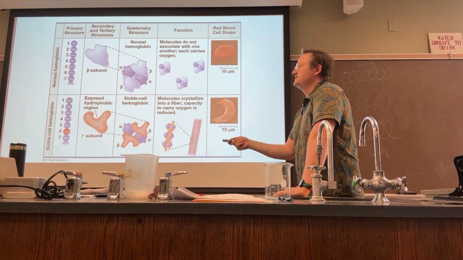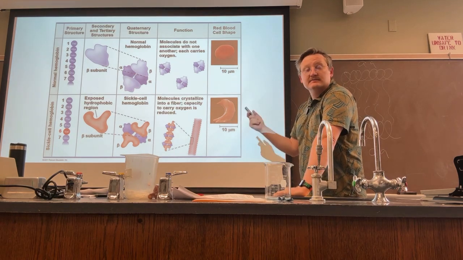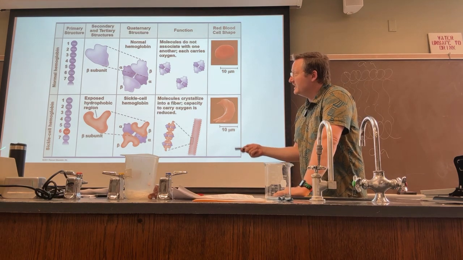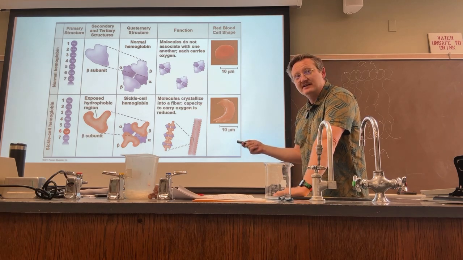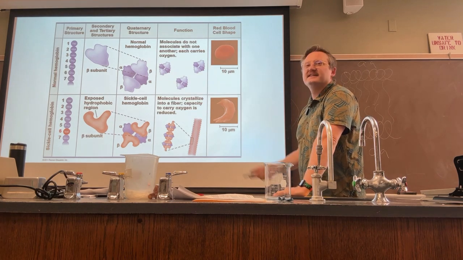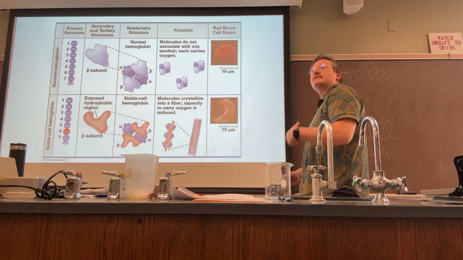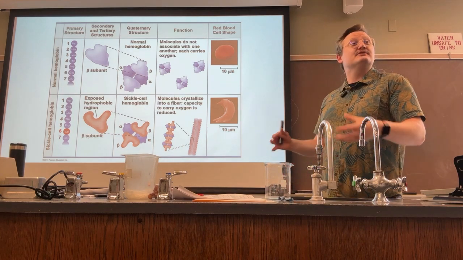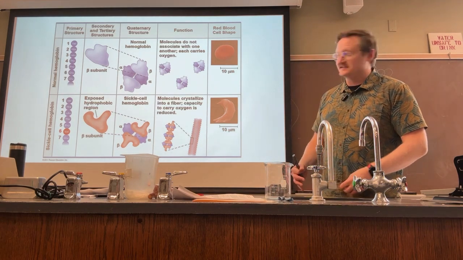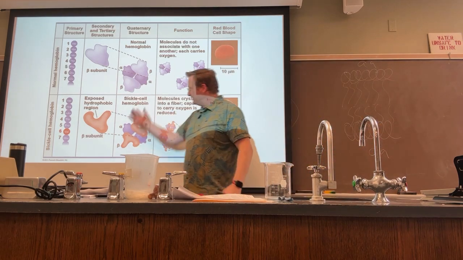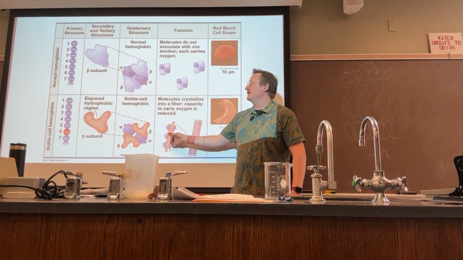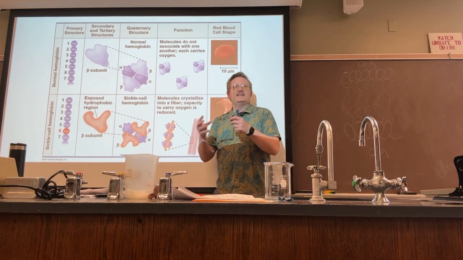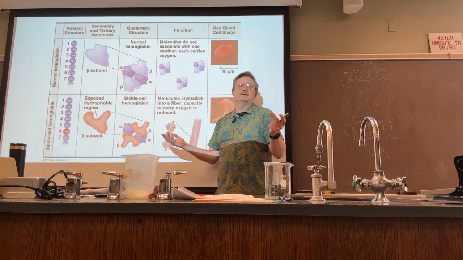A single change in the amino acid sequence can lead to an exposed hydrophobic region, all right, on the beta subunit. And that hydrophobic region wants to interact with other hydrophobic regions. So you get a sickle cell hemoglobin, you get a bunch of these, and now all the hydrophobic regions just pop together because that's what hydrophobic regions do.